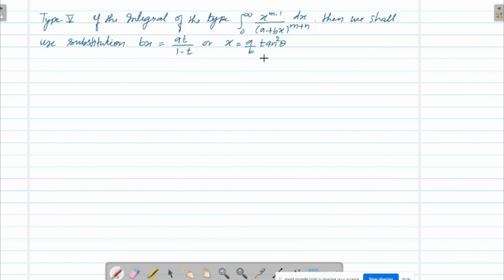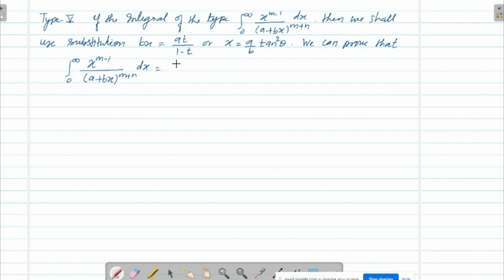We will put this, and we can prove that the integration of limit 0 to infinity x raised to m minus 1 divided by (a plus bx) raised to m plus n dx, is equal to what?